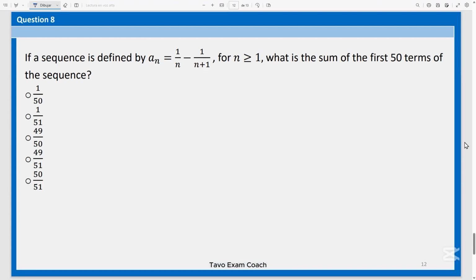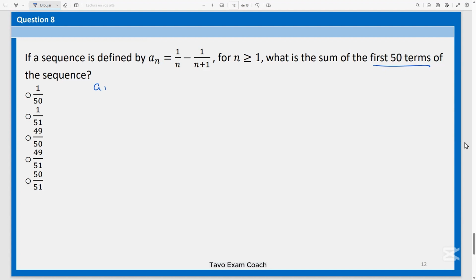Well, we can consider what the result of adding a number of terms would be, especially the first 50, if we consider what each term looks like and try to see if we detect a pattern that would lead us to the answer of this question faster.